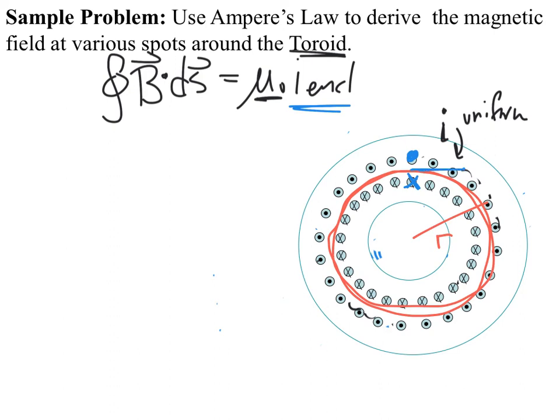You should find that your magnetic field at that point points in that direction. Our magnetic field forms a clockwise loop in this case, clockwise around our toroid.